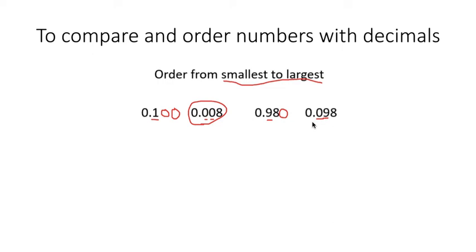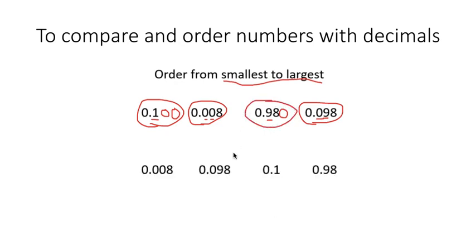Then it'll be this one. And then I need to look at these 2. So which is smallest between these 2? This was 0.1, 1 tenth, where this has 9/10. So 1/10 will be smaller than 9/10, so the largest number is this one at the end here. Well done if you got that correct.